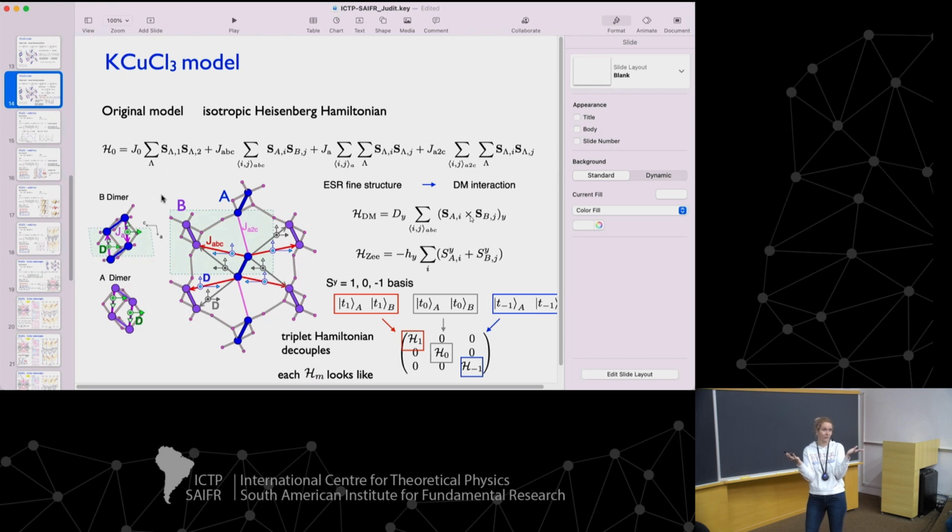This is the large parameter, and I cannot even do a canonical transformation if I don't have this large parameter that separates my different blocks from each other. And that's the idea, that the perturbations, the anisotropies, are smaller.